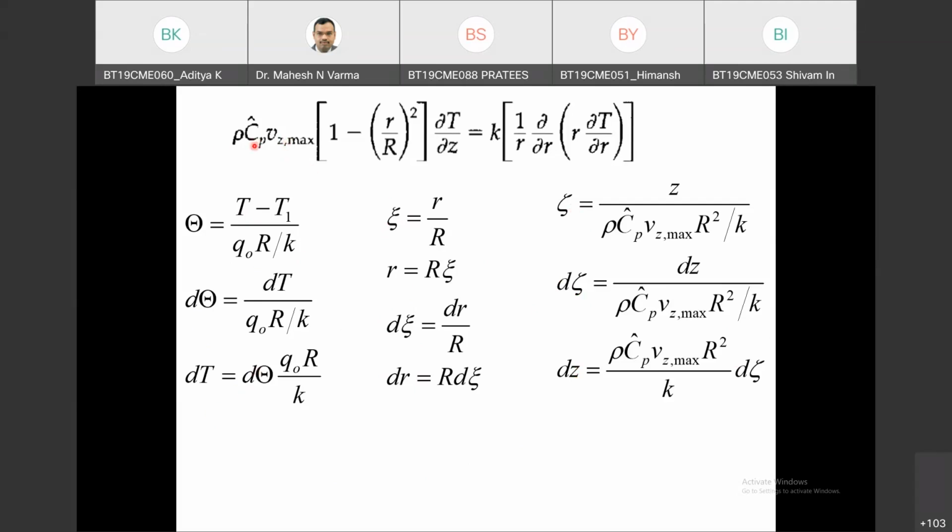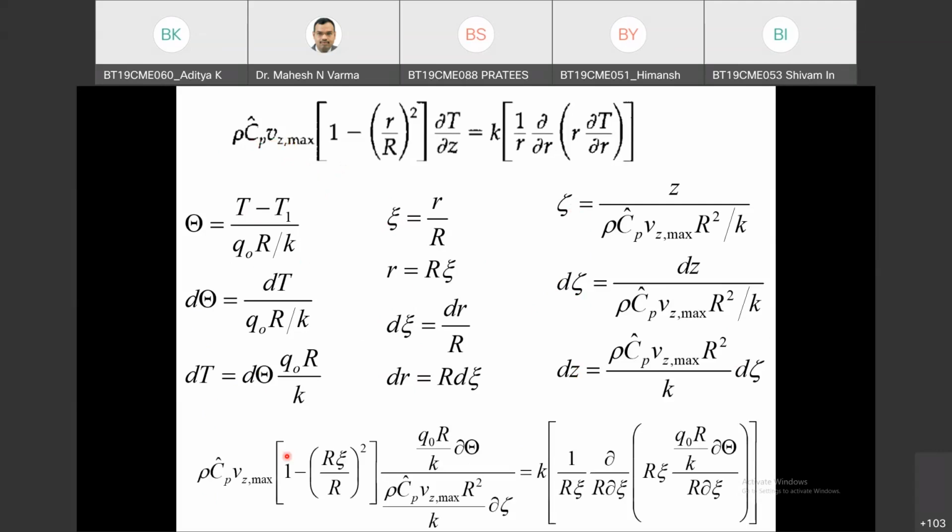So here this is okay as it is. You can see this equation: 1 minus r, where r is R times epsilon divided by R. What is dT equal to? dT equals d theta times q0 R divided by k.